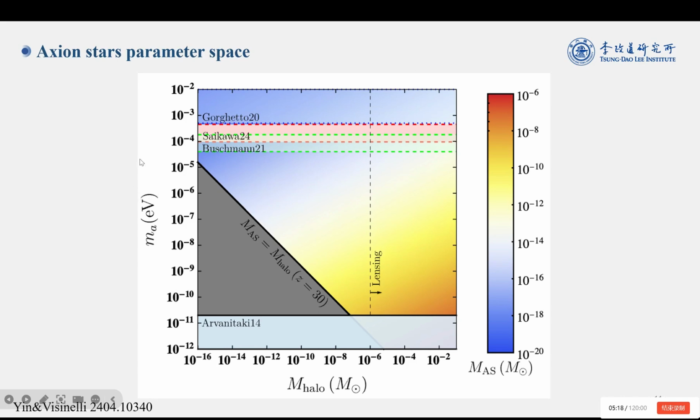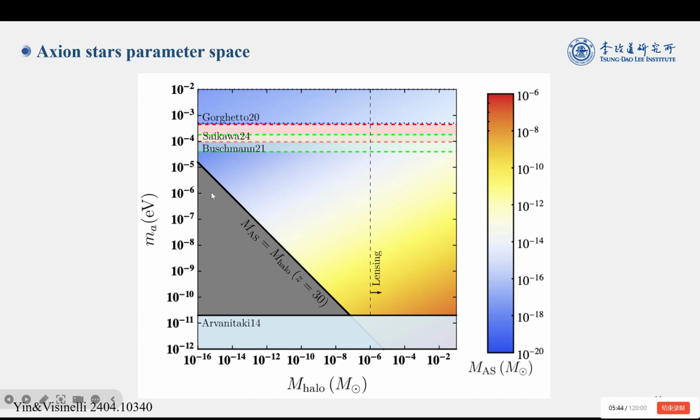By summarizing that, we can find the axion star mass parameter space, where the color band represents the axion star mass in units of solar mass, the horizontal axis is the halo mass, and the vertical axis is the axion particle mass.